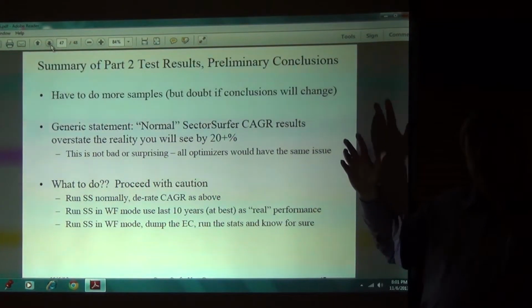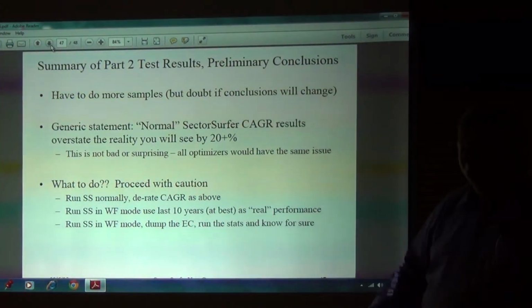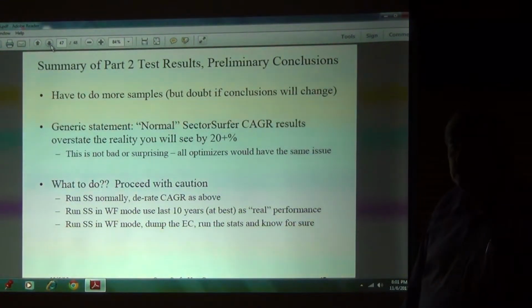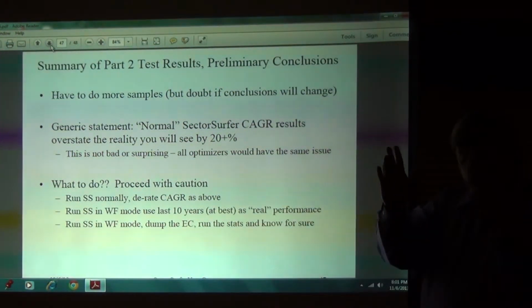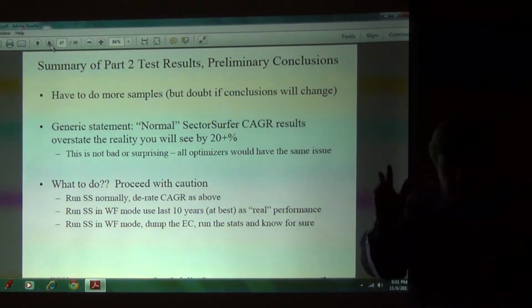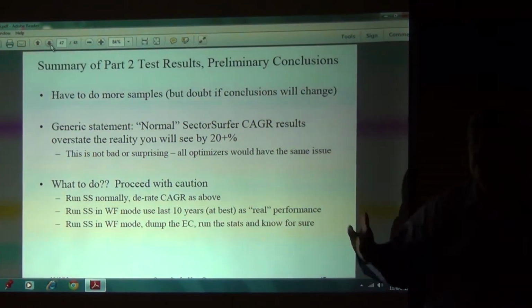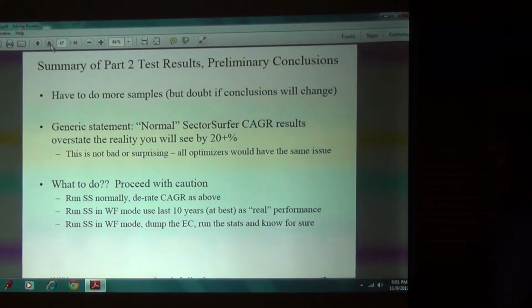You end up using all of history. You can't get away with it with what Scott is doing. He uses all of history. To get away with it, you have to set up a window of 5 years or 10 years that you optimize in, an optimization window. And he doesn't do that. He uses every bit of history he's had. I see, thank you.